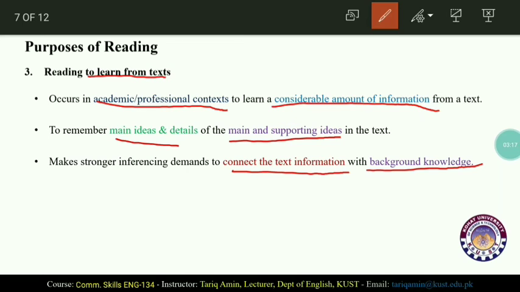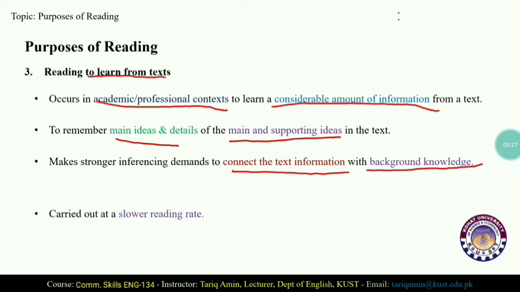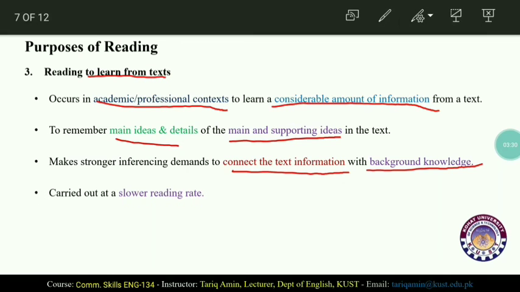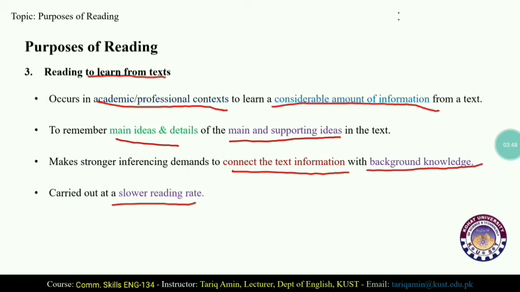It makes stronger inferencing demands. It is carried out at a slower reading rate, as discussed earlier, that when we read something for learning purposes, we read it in detail, and it is carried out at a slower reading rate.